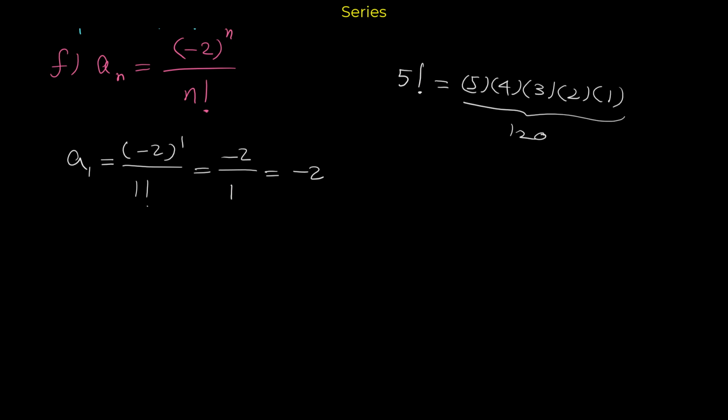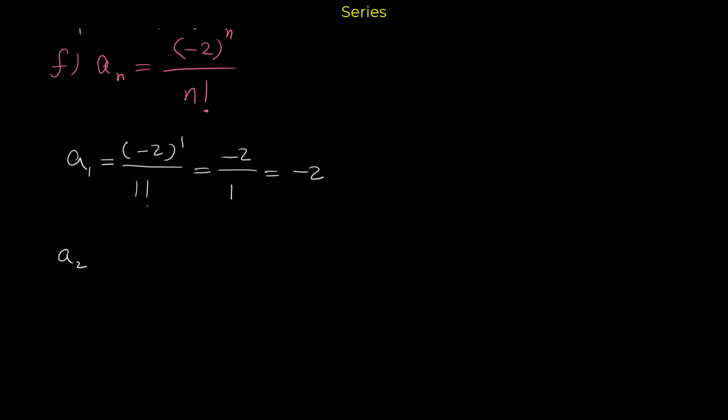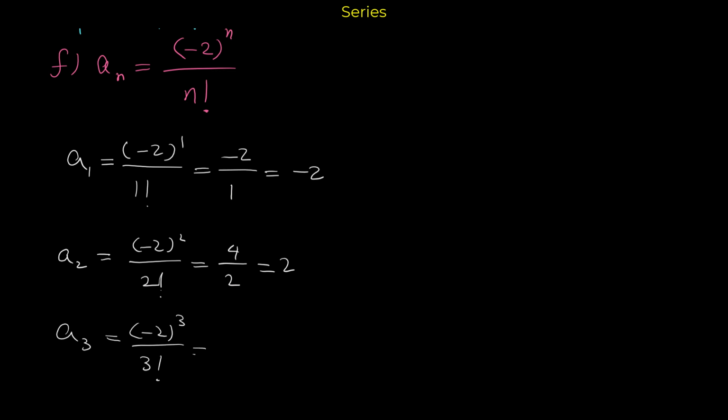Back to our question. What is the next term? A2 is (-2)^2 over 2 factorial. It's 4 over 2, it's 2. The third term is (-2)^3 over 3 factorial, which is -8 over 6, which you can write as -4 over 3.